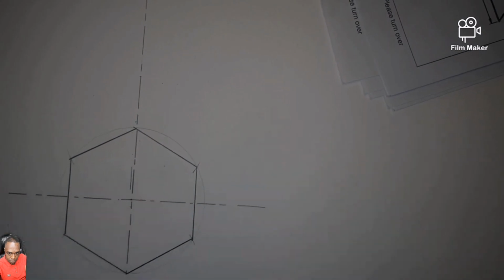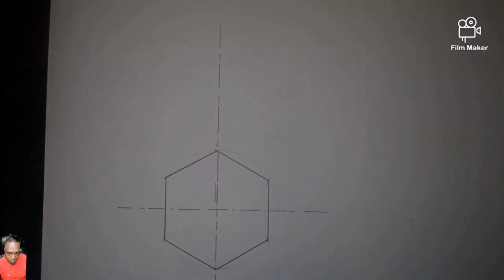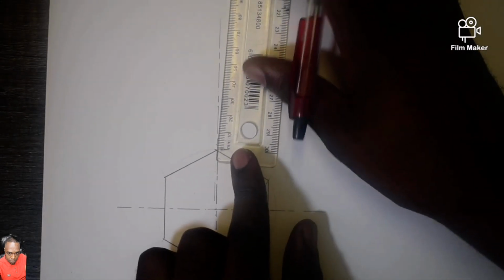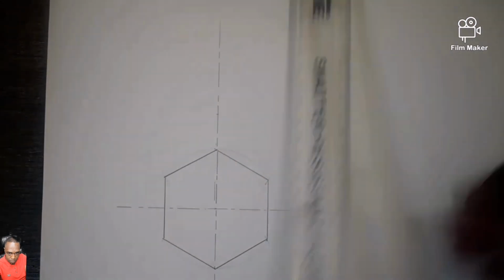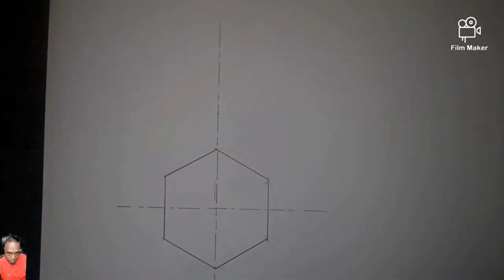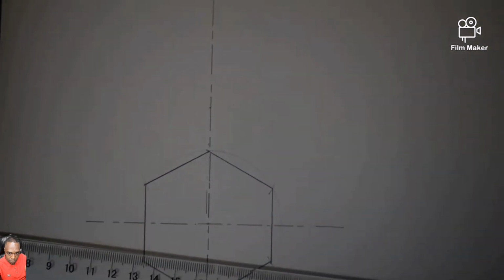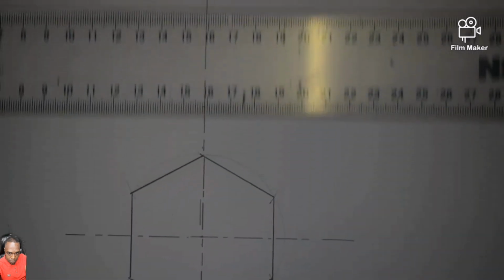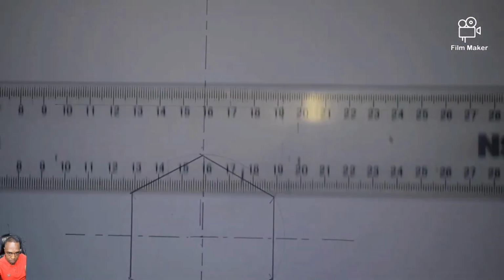So now what follows? I can mark 20 millimeter going up from this point. Now there is my 20, so where my 20 is, I can have a horizontal faint line. There it is.